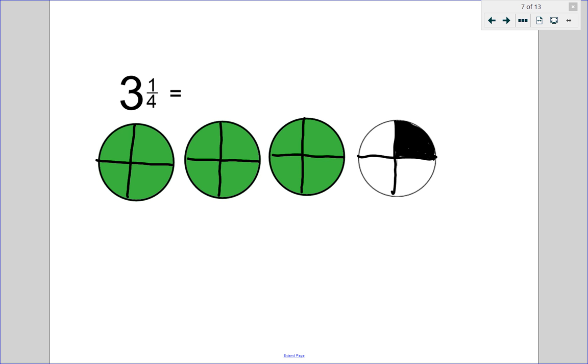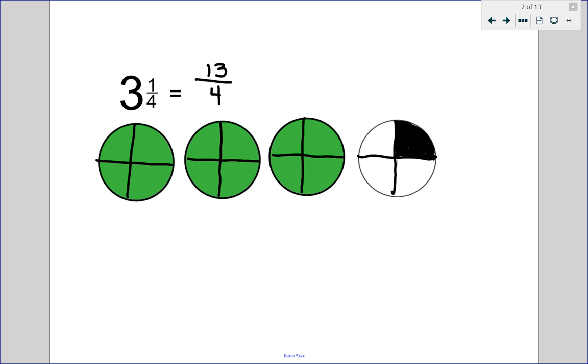Okay, so let's count them out now. I have 1, 2, 3, 4, 5, 6, 7, 8, 9, 10, 11, 12, 13 pieces. 13 pieces go on top, and they're cut into fourths. That denominator doesn't change. So 3 and 1/4 is the same as 13/4.